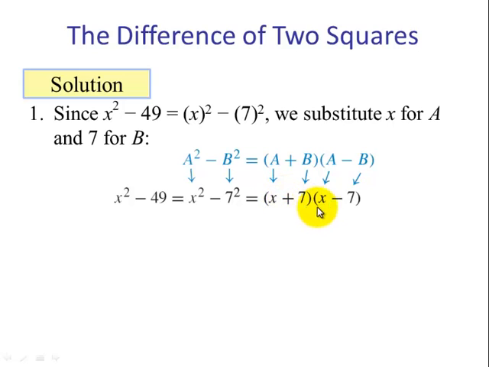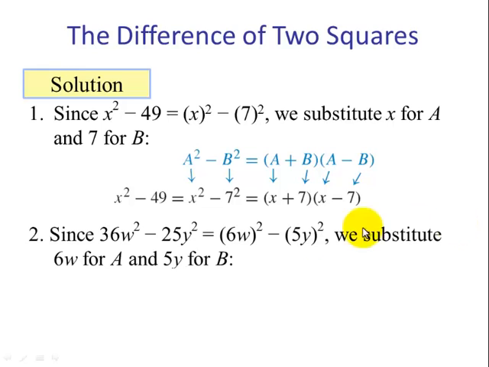Now we can verify this by foiling this out. X times x is x squared. X times negative 7 is negative 7x. 7 times x is positive 7x. The two terms cancel, and then we have 7 times negative 7, which is a negative 49. It checks.